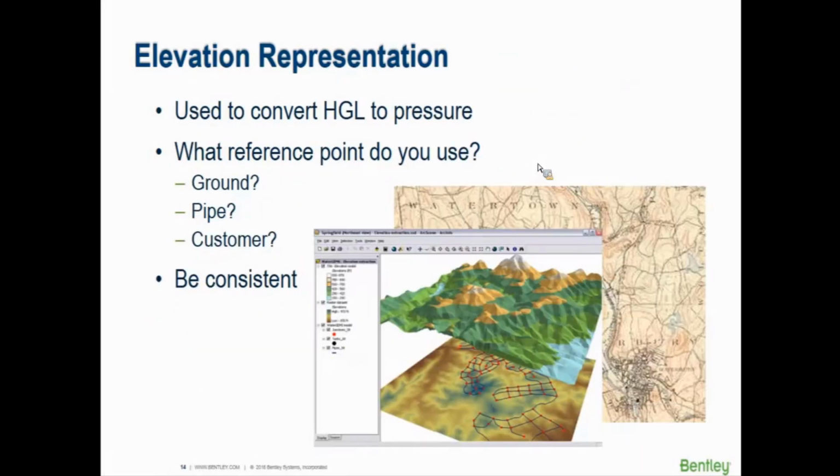Okay, elevation, another one since we're starting to talk about nodes. Which reference point would you use for your nodes? If you're going out into the real world, you're out in the field, you're standing there, the pipe is below grade, generally. Generally it's below grade unless it's some overhead pipe or something.